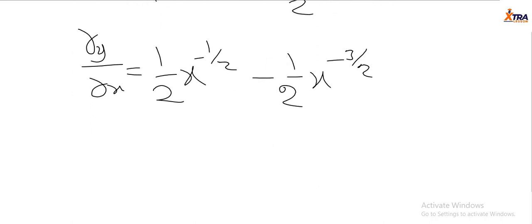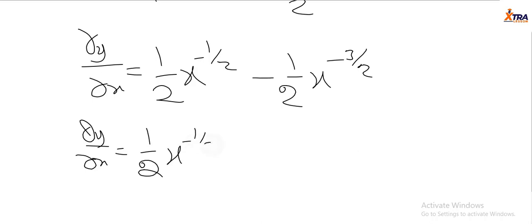So I can factorize 1 over 2. So I have dy over dx equals, I can factorize 1 over 2. Likewise, I can factorize x to the power minus 1 over 2.